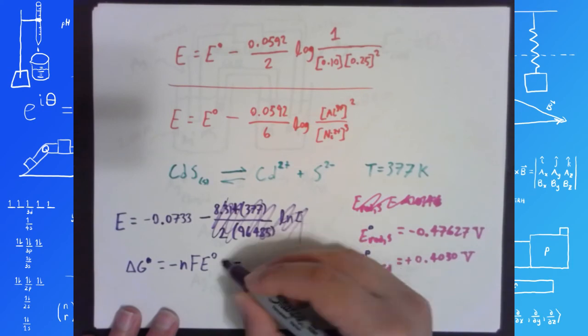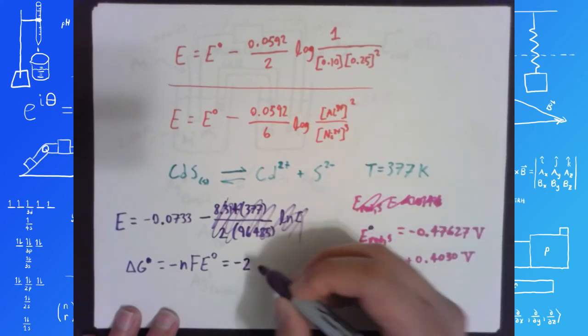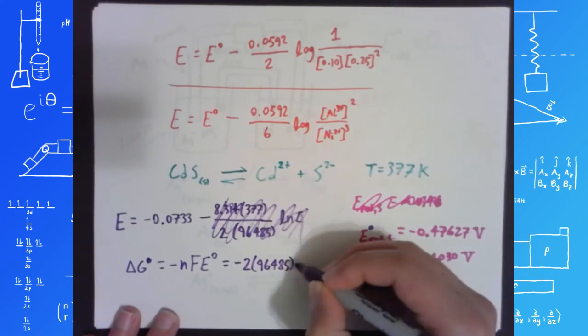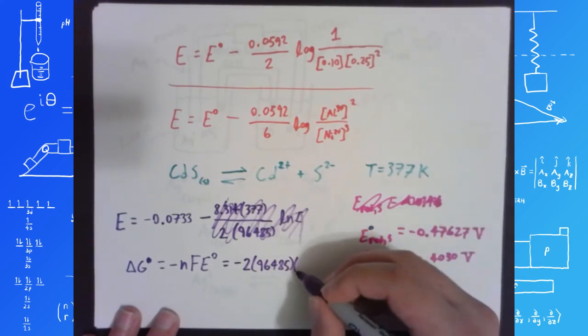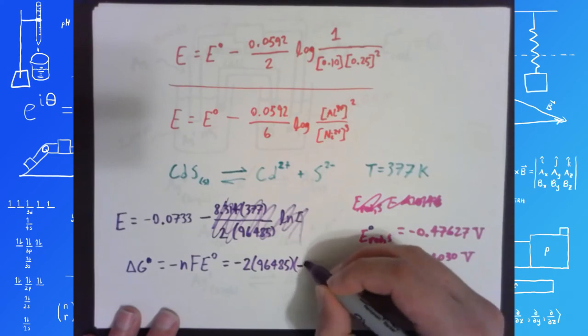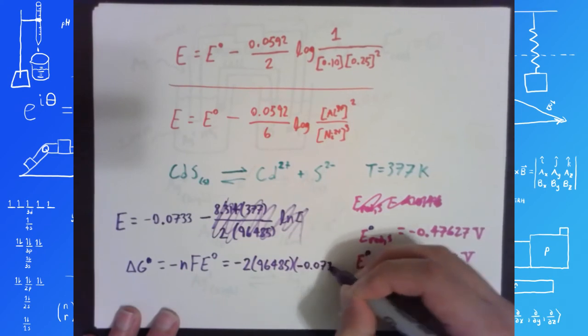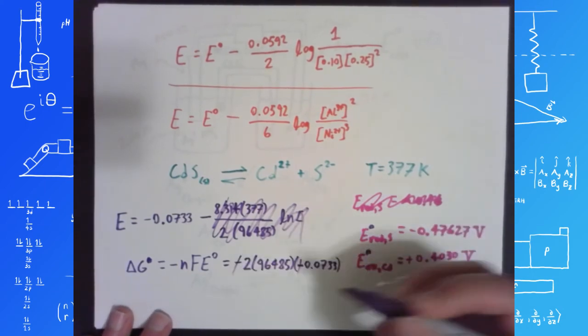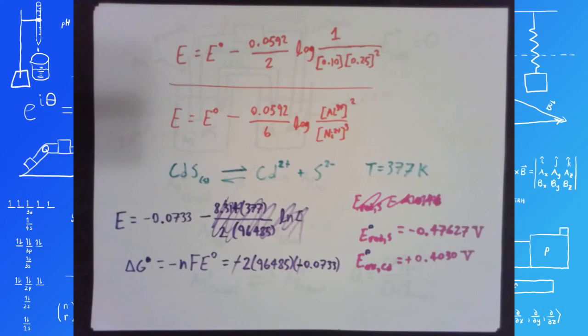Equals negative, N is still 2 as we explained earlier, and then 96,485 and negative 0.0733. Negatives cancel, so 96,485 times 0.0733 rounded to 3 sig figs is 7,070.